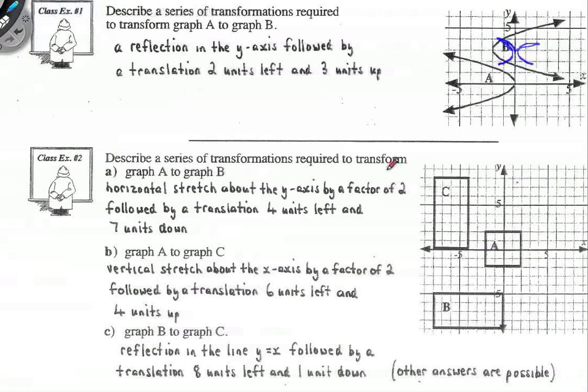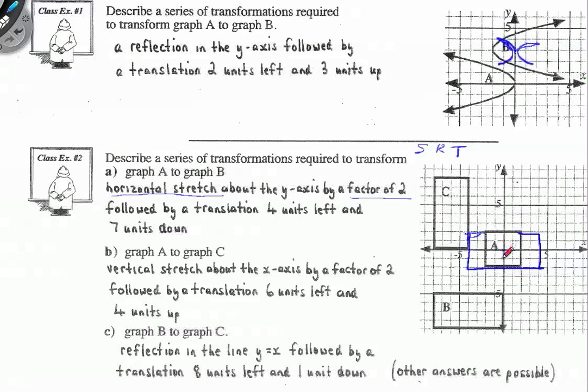So, SRT, stretches first, horizontal stretch. So horizontal stretch first by a factor of 2, and then that would bring us out to about here. Let's see if I can draw this properly. There we go. And it looks like this is the center.